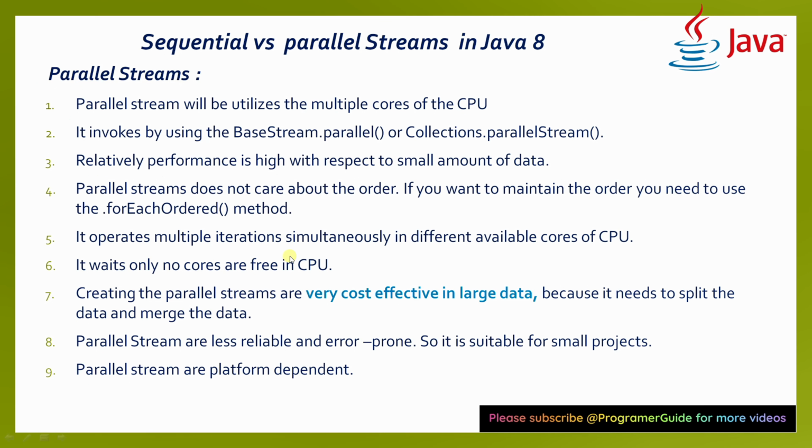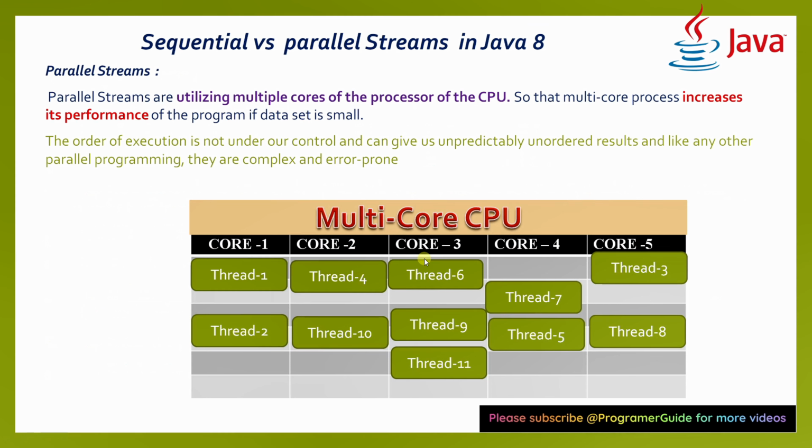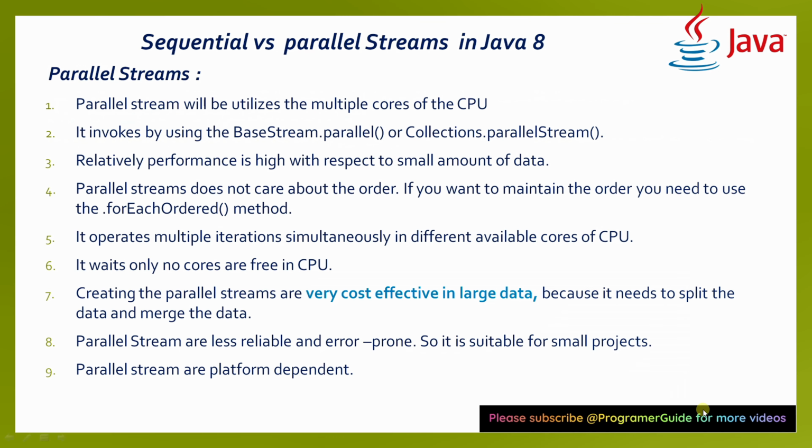It operates multiple iterations simultaneously on the different cores available. In the previous section we explained that streams execute on multiple cores simultaneously. It will wait only when no cores are free in the CPU.